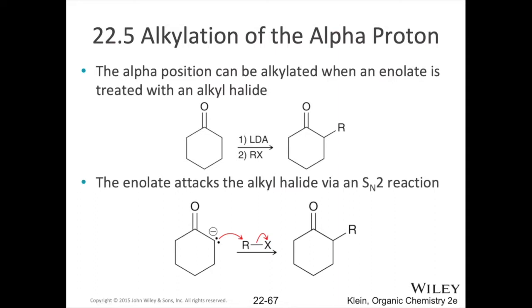Now we've seen that through all these reactions that alpha carbon is very nucleophilic, right? We can easily deprotonate it. It's pretty acidic, but in all these reactions, we've been essentially using it as a nucleophile to attack another carbonyl. Well, we've also seen that nucleophiles can do nucleophilic substitutions.